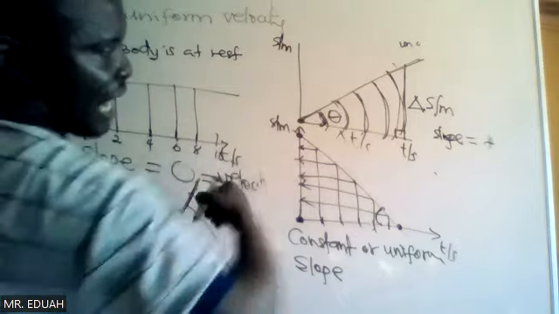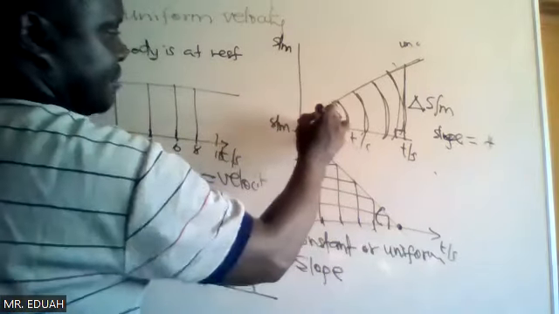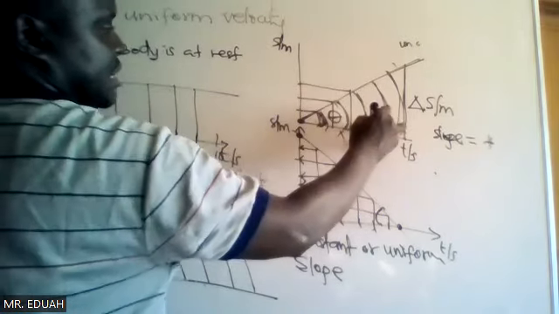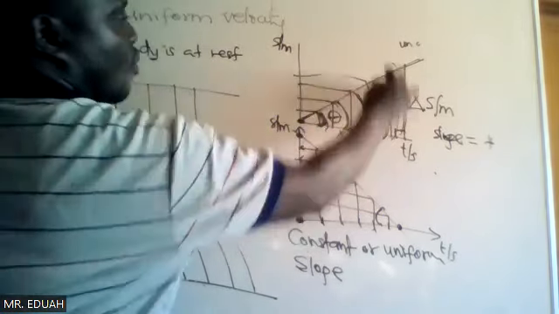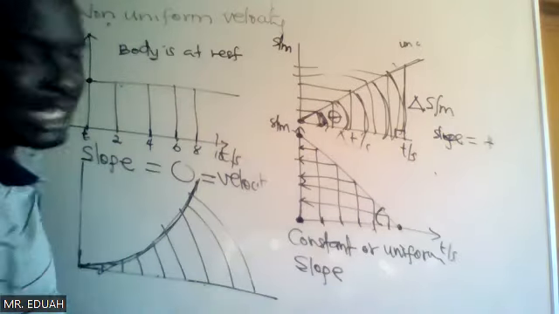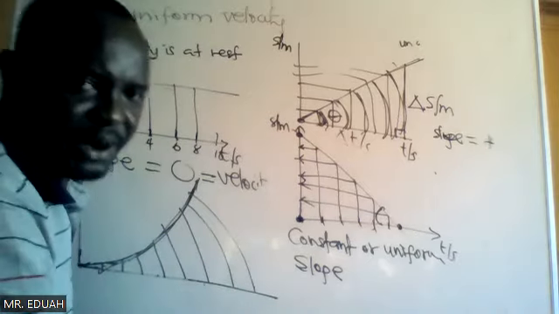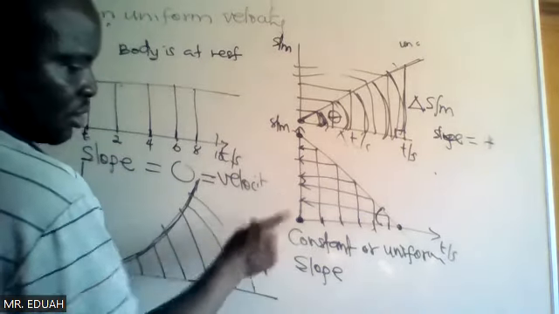Over here, it is moving away from the origin. So as time increases, the distance covered is also increasing. So the body is moving away from the origin, the starting point. Over here, the body is moving in the opposite direction, towards the origin.